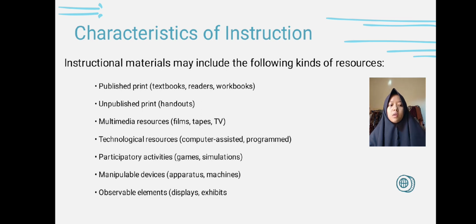And then technological resources, like programmed and computer-assisted instruction. Then participatory activities, which you can find in simulations and games. Then manipulable devices like apparatus and machines. And last, observable elements like displays and exhibits.